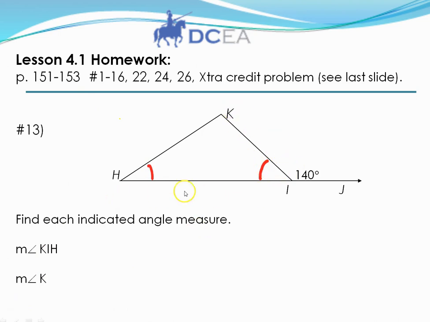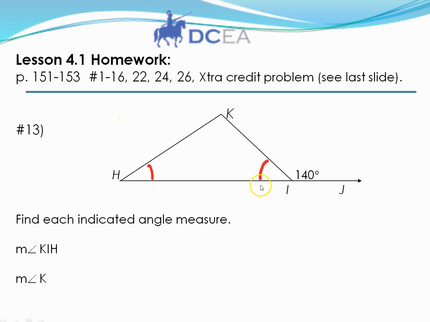Now if KIH equals 40 degrees, you can see we have one congruency remark, one slash mark here, and one slash mark on KHI. That's because it's indicating these two angles are equal.